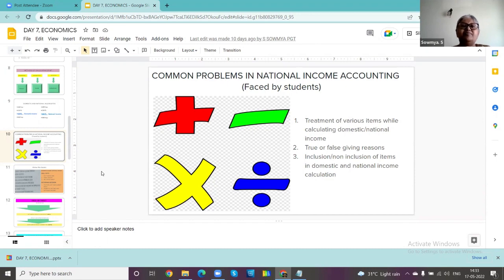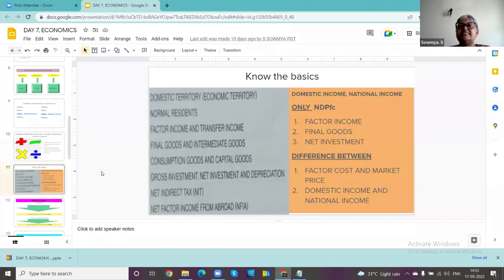So now probably we'll move on to some of these concepts. These are the basic concepts that are given wonderfully in Sandeep Garg as concepts that we should insist on. In the very beginning, they have this entire list: domestic territory, normal resident, factor income, transfer income. So we'll have to tell them.